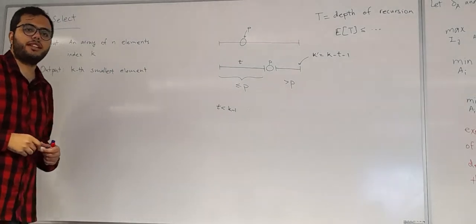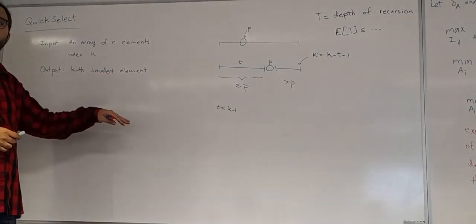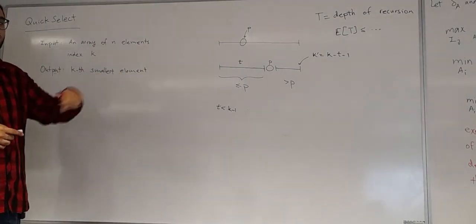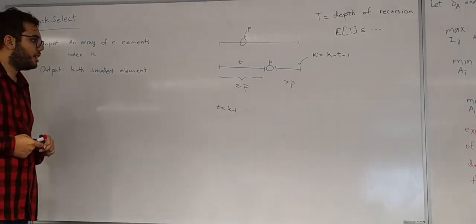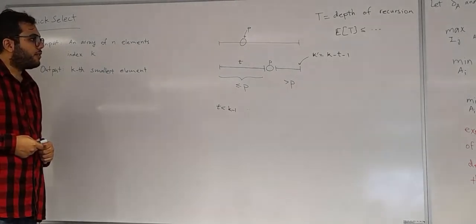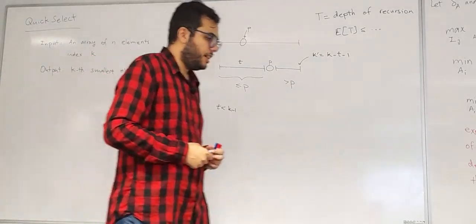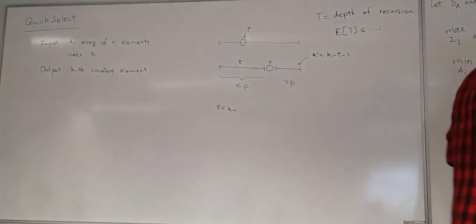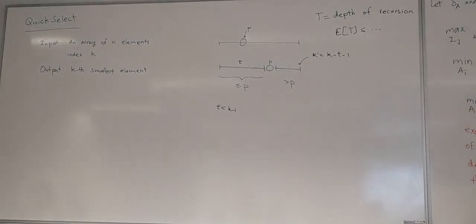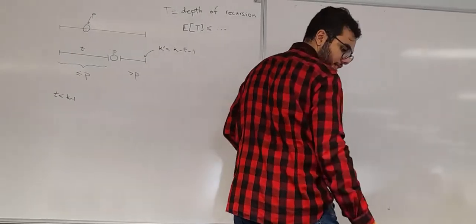So I want to show that the number of times that I call my same procedure recursively is bounded. And I want to find the bound on it. So how do we do this? Well, there is a technique that we use very often, and it's actually a very simple lemma. And this is the technique.